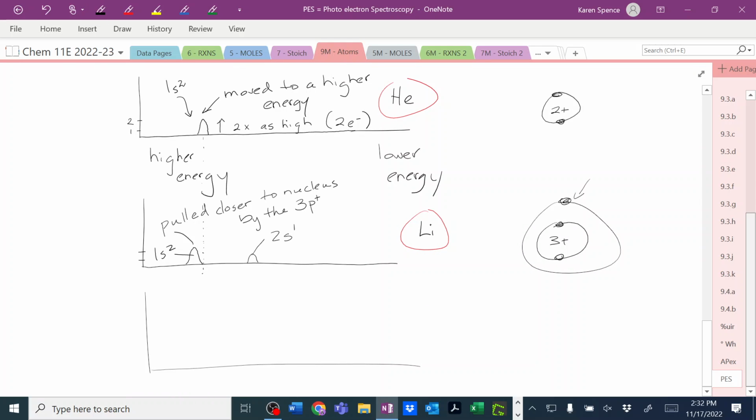Okay. So now we are moving on to who comes after lithium? Beryllium. So now we have 1s2 moving closer all the time. I'm not doing a very good job of that. I'm getting a little close here.